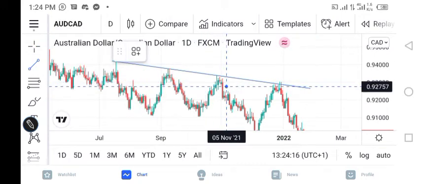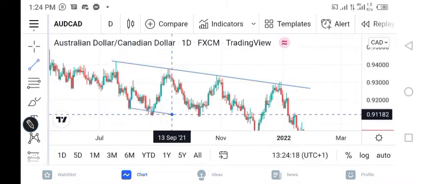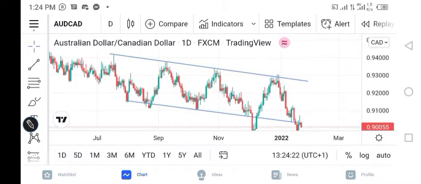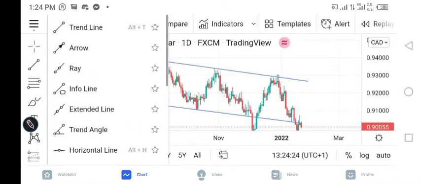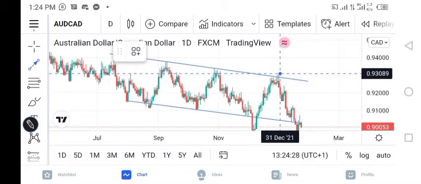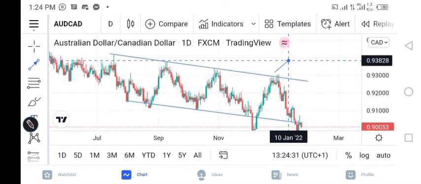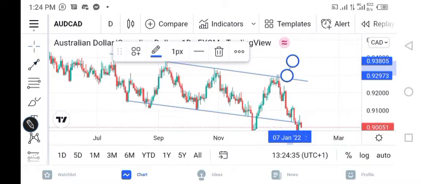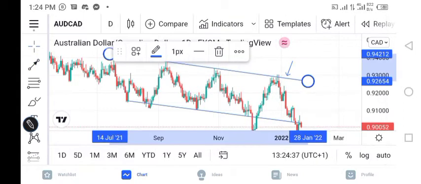We have a descending channel right here. So how could we have entered for a sell at this point? I'm going to explain a few things we could have looked out for, and picked our entry from this point.